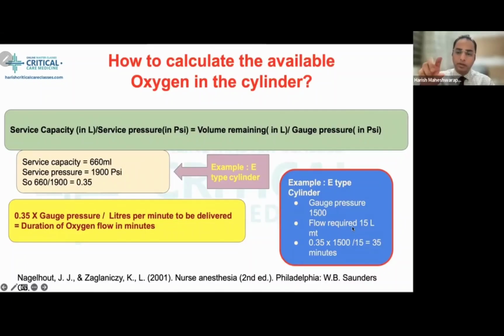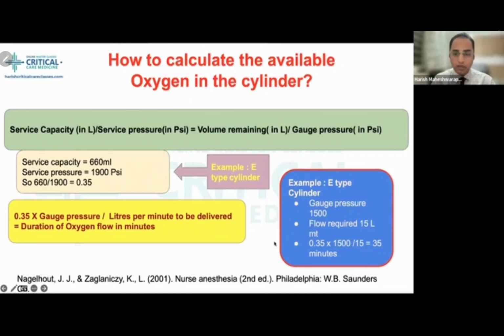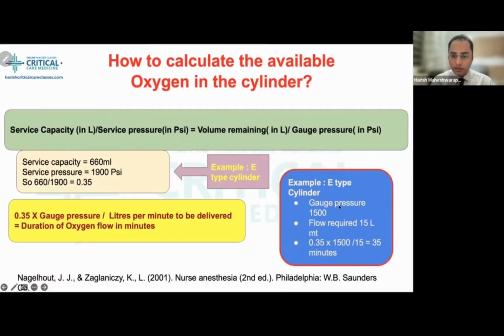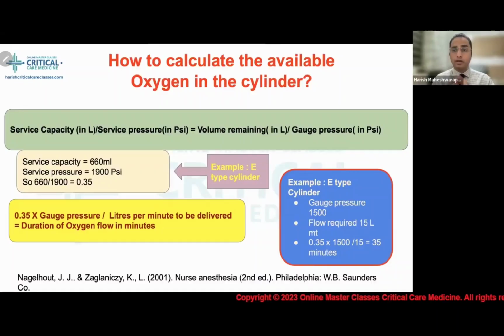The flow required for the patient is 15 liters per minute of oxygen. So the amount of oxygen sufficient is 0.35, that is service capacity divided by service pressure, into the gauge pressure of 1500, divided by 15 liters per minute. That cylinder is going to be sufficient for another 35 minutes. This is how we calculate it.